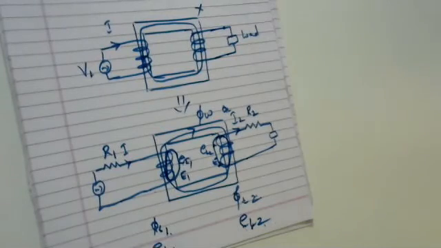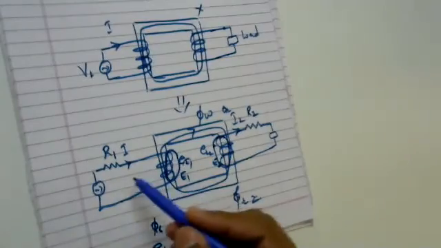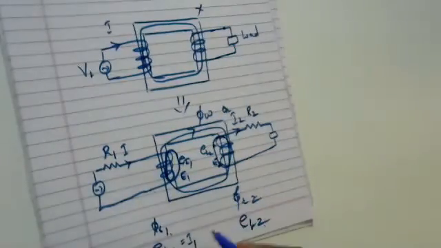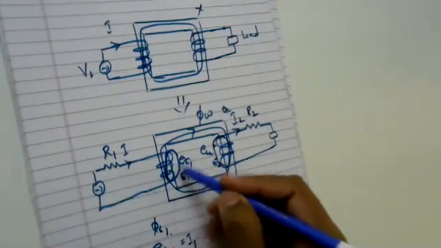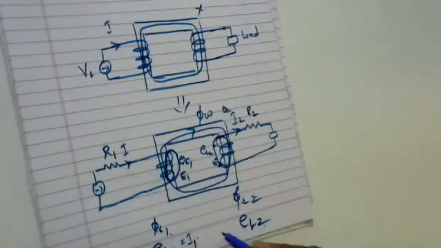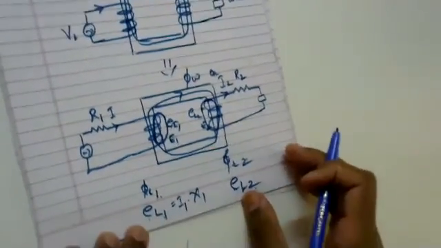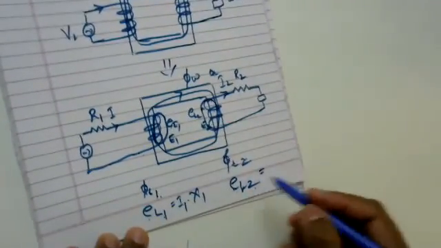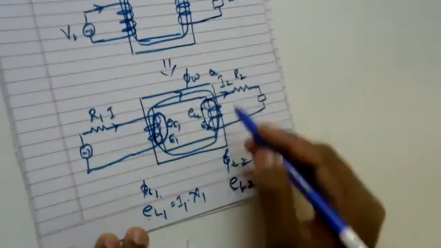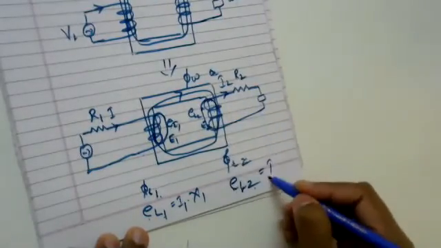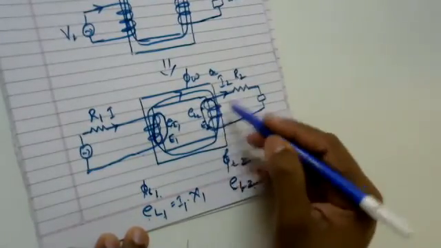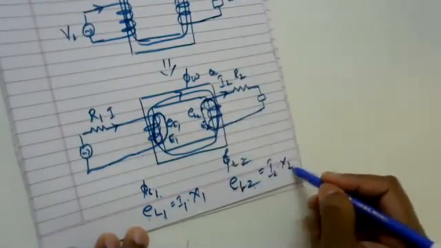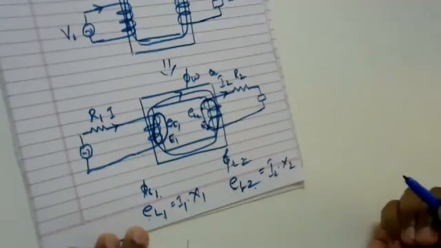The magnitude of EL1 is given by I1, the primary current flowing on the primary side, times the reactance offered by the winding, X1. EL2 is given by the current flowing through the secondary winding, I2, times the reactance of this winding, X2.